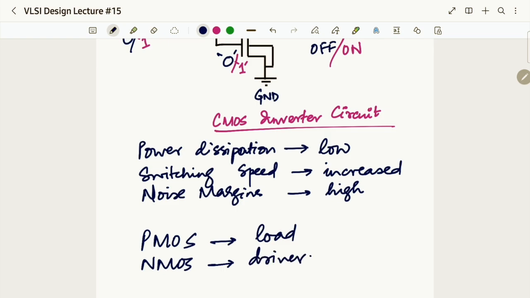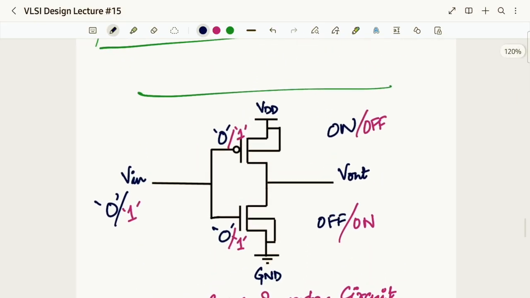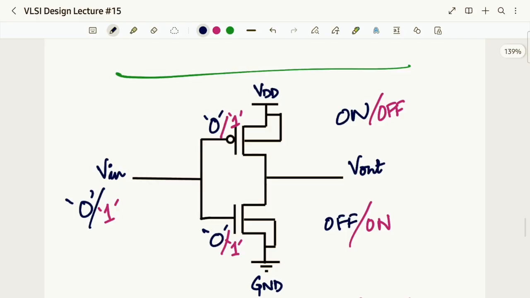Okay, now look at this diagram, the CMOS inverter diagram. Operation: we have understood that logic 0 means PMOS will work, logic 1 means NMOS will work.